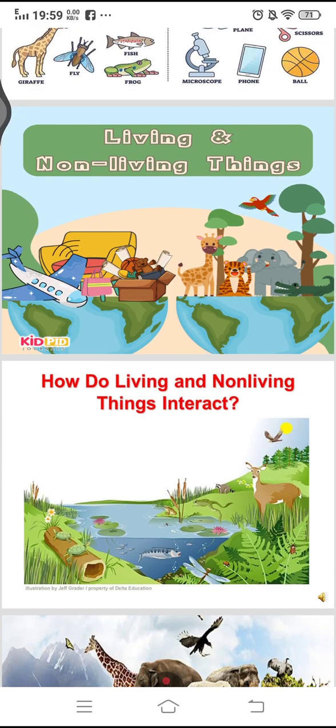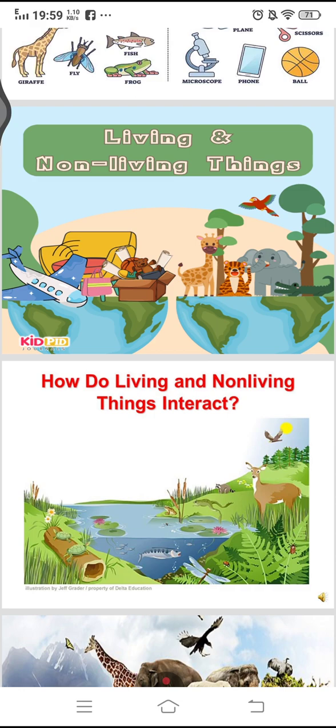How do living and non-living things interact? With the help of non-living things, for example the sun, for example soil provides us plants, okay, and on the plants, animals, human beings, sea life depend. The sun provides us heat and vitamin D, that is helpful for our growth.